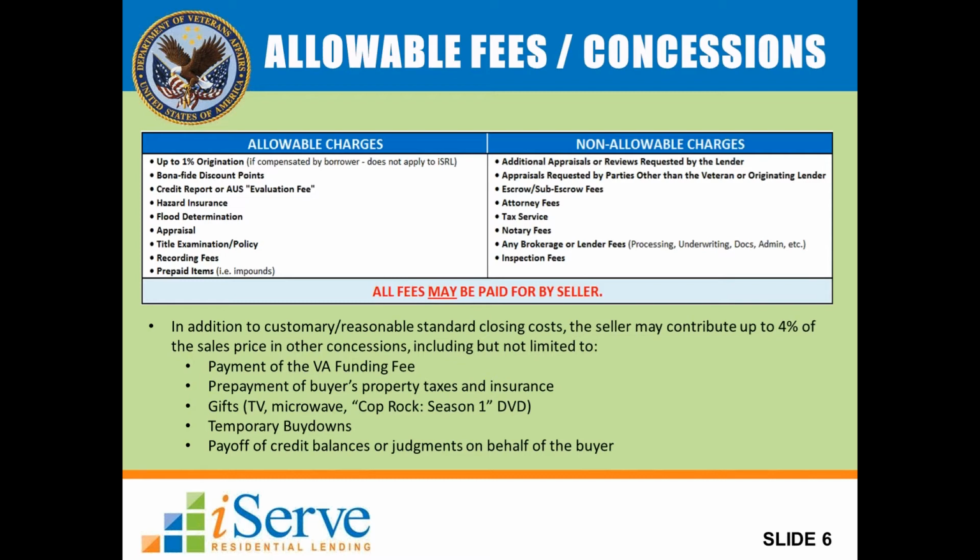If there's any gifts that are used as an incentive to purchase, TV, microwave, DVDs, whatever. Temporary interest rate buy down. They can even go as far as paying off delinquent credit items or judgments on behalf of the borrower. So I mean, they're pretty lenient. Thing to keep in mind, the VA, again, is always keeping the veteran's interest in mind. So they're very flexible as far as what can be paid for on behalf of these veterans.